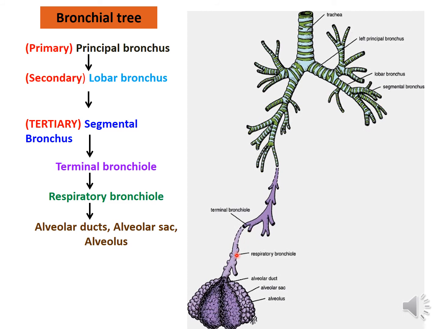The respiratory bronchiole further divides into alveolar ducts. Each alveolar duct will form an alveolar sac. Within each alveolar sac you can see numerous alveoli. So this is about the branching of bronchi, or in simple words, the bronchial tree.